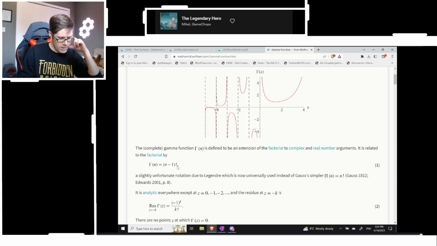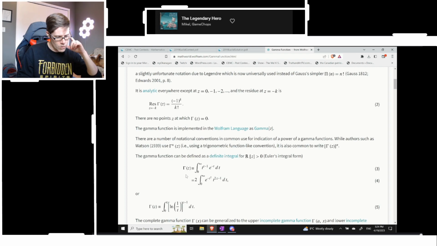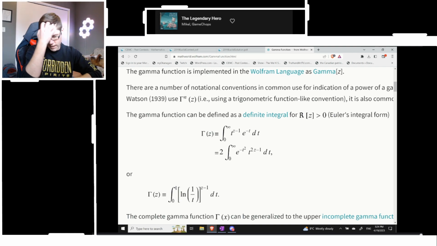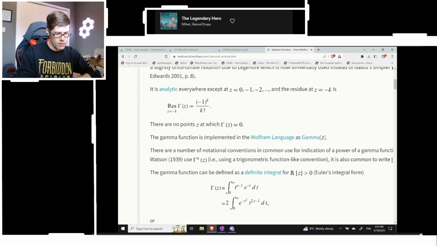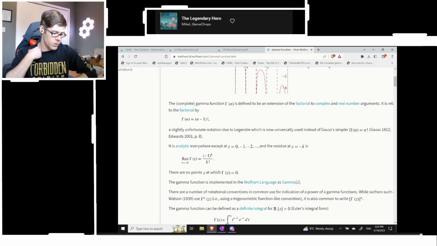However, I think it gets turned into, I want to say, an integral function when we look at it in complex land. Yeah, here it is. It turns into a weird integral function involving e's and stuff like that, but it's supposed to be an extension of the factorial notation to complex world.